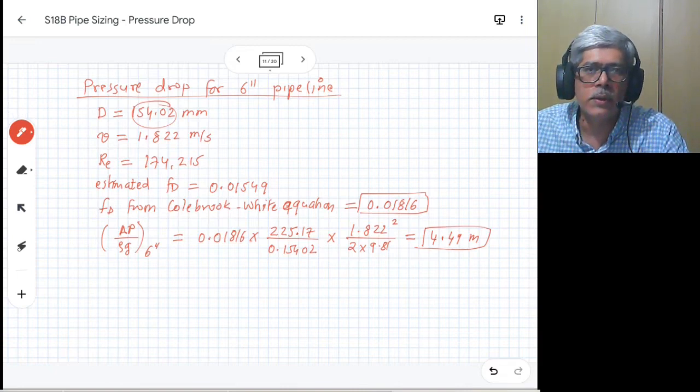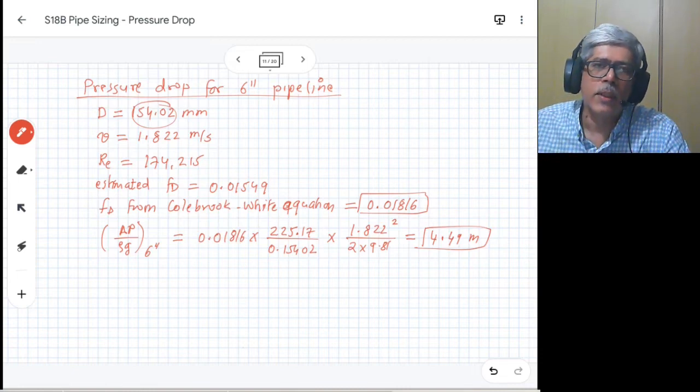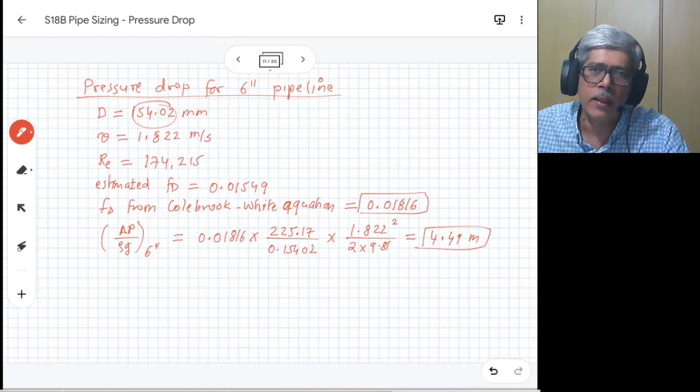Now we'll use Bernoulli's equation to calculate how much inlet pressure is required. How much pressure you must supply at the inlet so that at the outlet, that is at the distillation column, the pressure is 1 atmosphere. That is what we'll calculate using Bernoulli's equation.